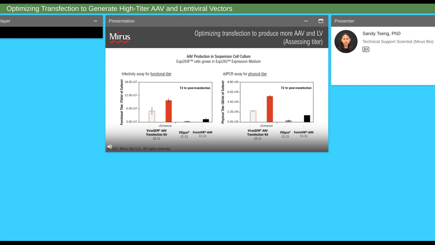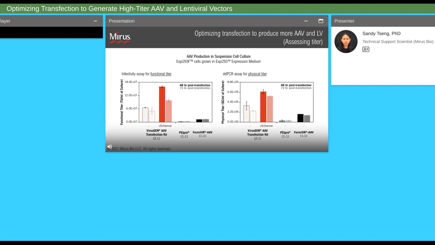And we also looked at harvesting AAV at 72 hours versus 48 hours post-transfection. So these are titers for the harvest at 72 hours. Here, side by side, I'm highlighting the AAV titers for the sample collected at an earlier time point, the 48-hour post-transfection.